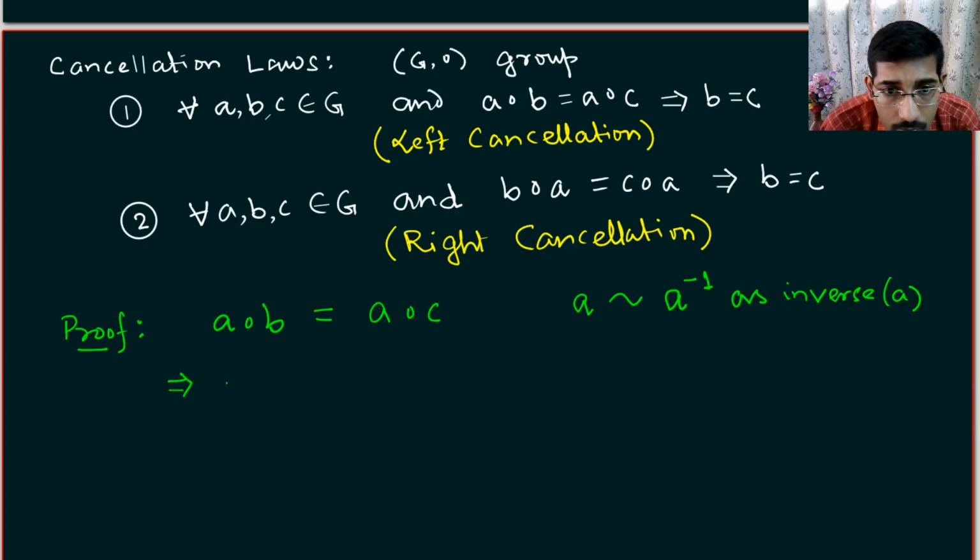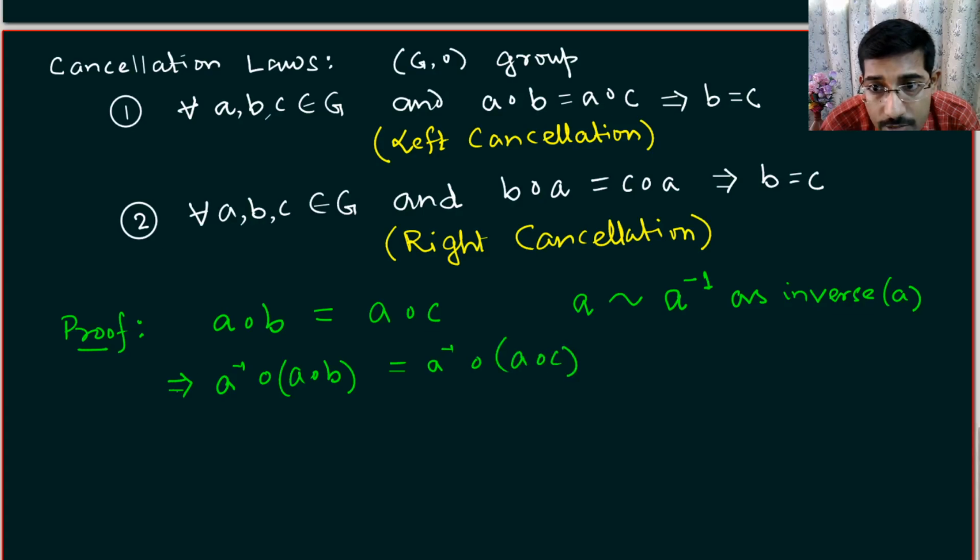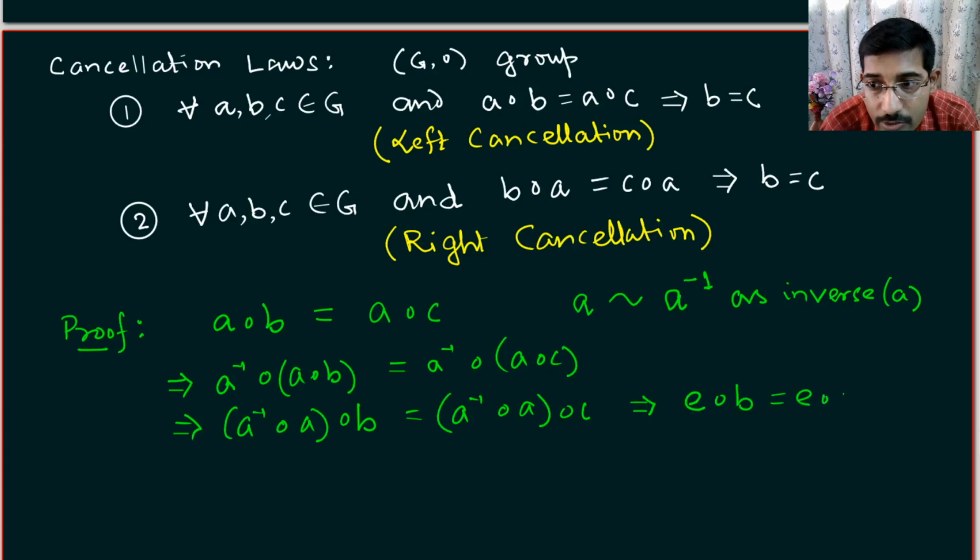Now I can operate A inverse with AOB, and operate A inverse with AOC. Due to the associative rule, I can have this, which means we basically form EOB equal to EOC, which gives me B equal to C. So the left cancellation law is proved.